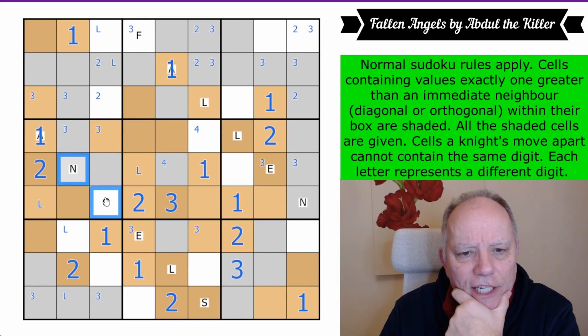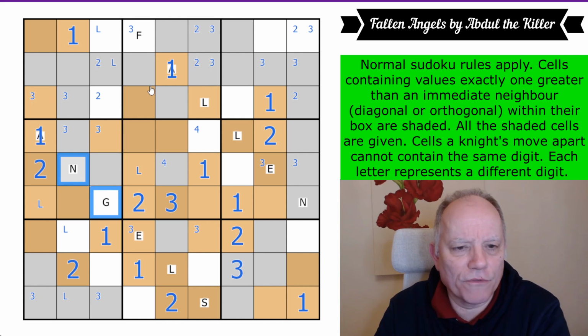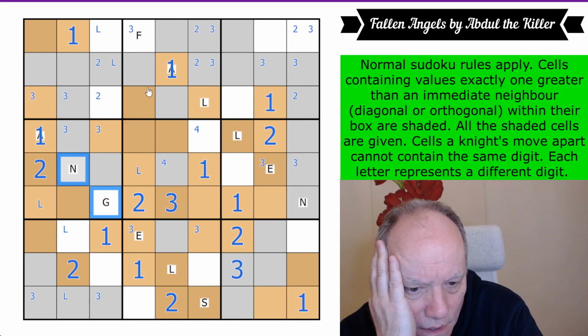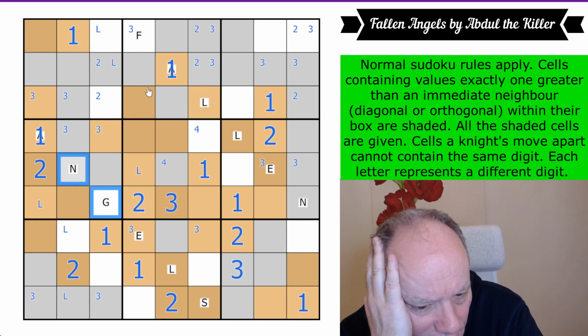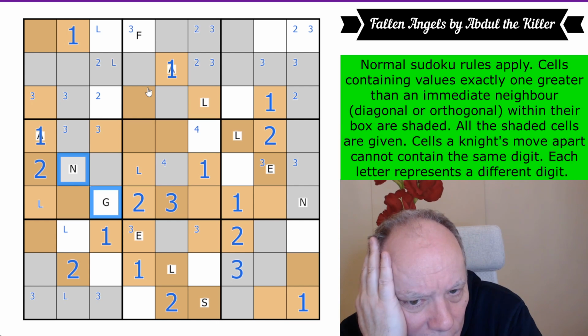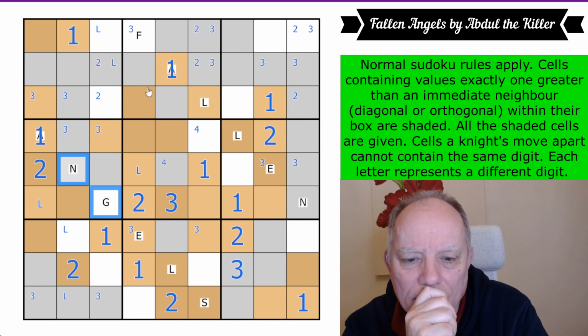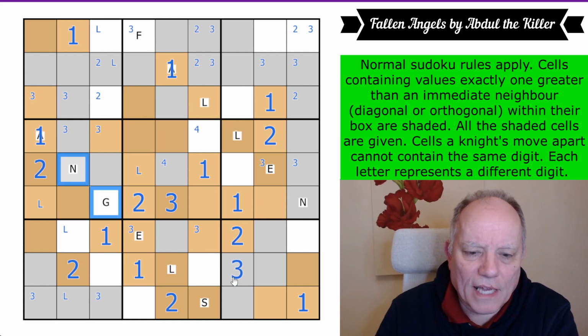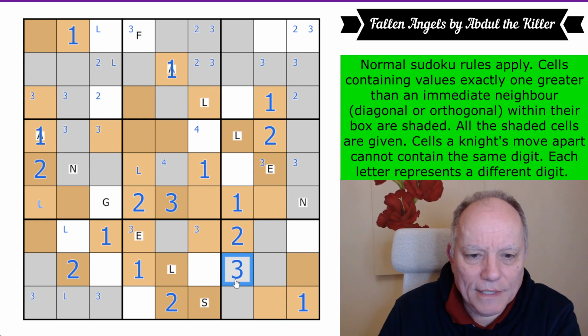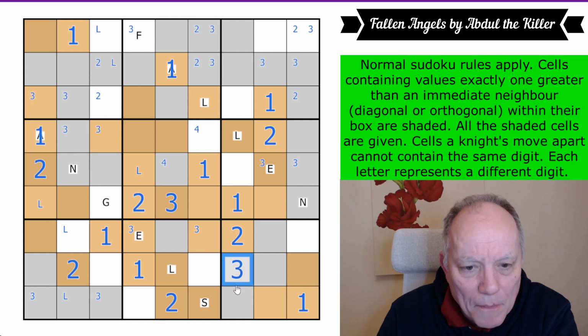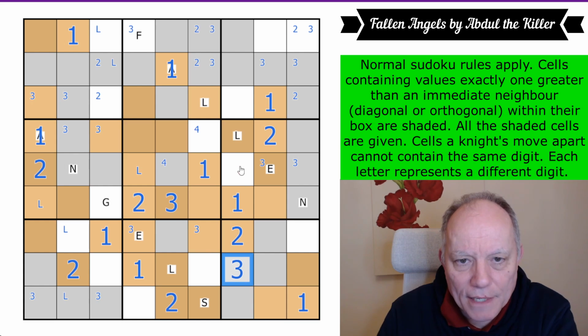N and G and F are still possible 4s. Not E and L and S. That 3 is no more helpful than I want. I mean, I want it to be more helpful is what I'm desperately trying to say.